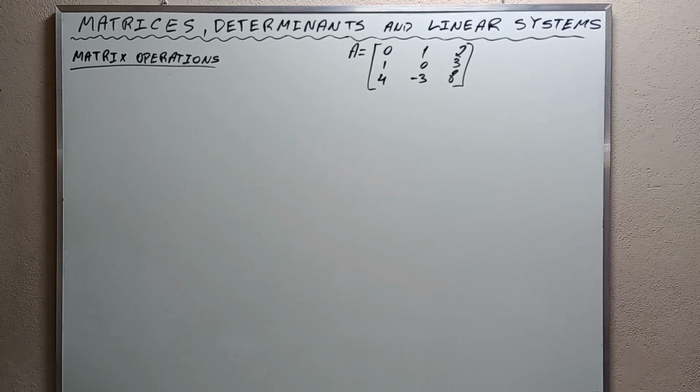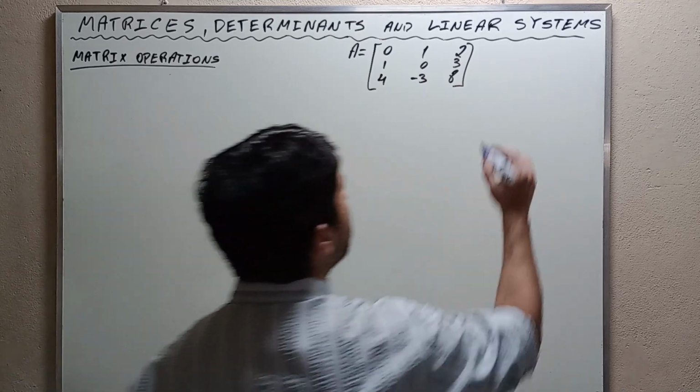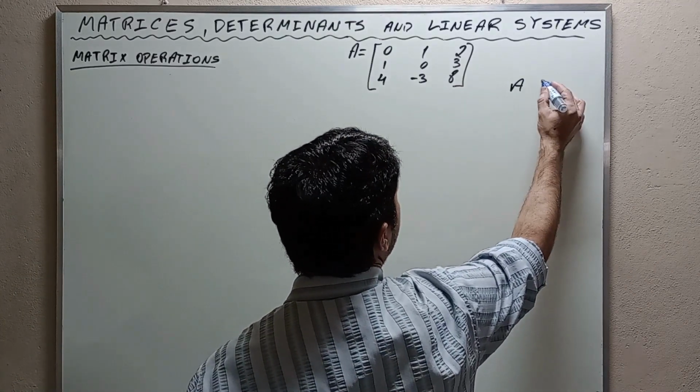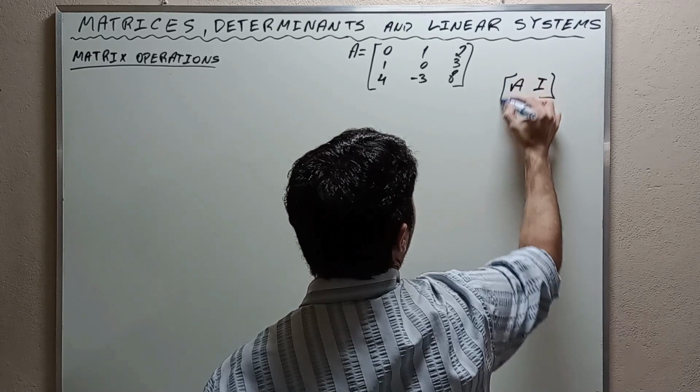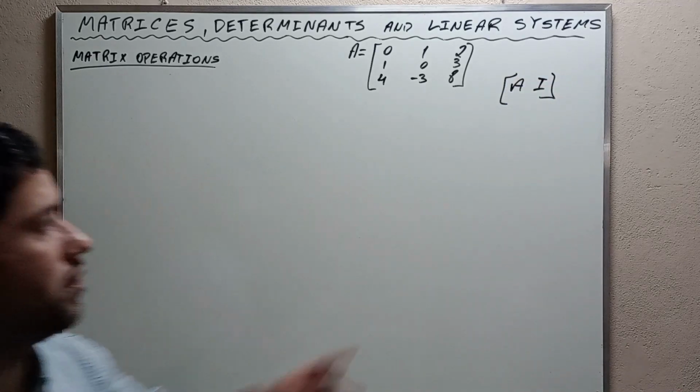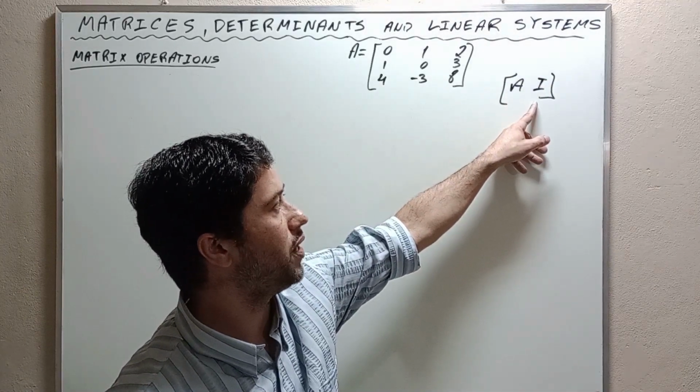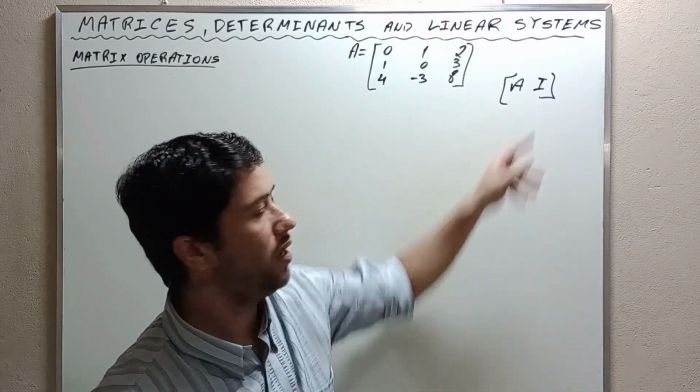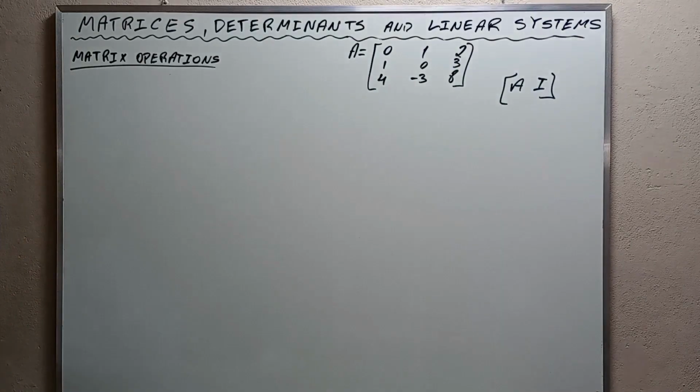To find the inverse of a matrix, we use the augmented matrix of the sort A with the identity matrix, and A with the identity matrix at the right side is the augmented matrix, okay? And we operate on the rows of the augmented matrix until the identity matrix appears at the left side. Let's do it.